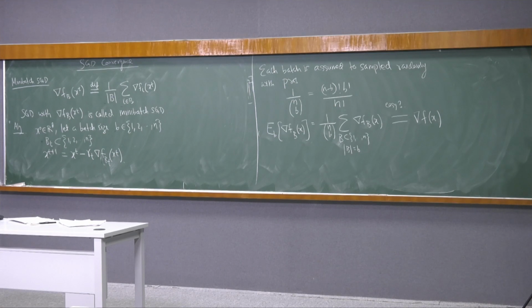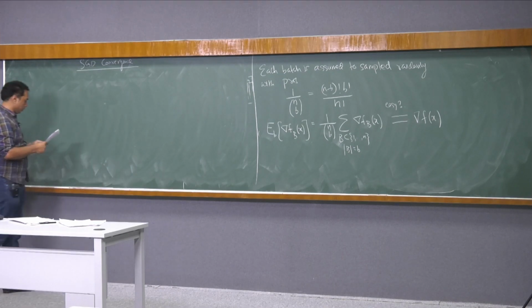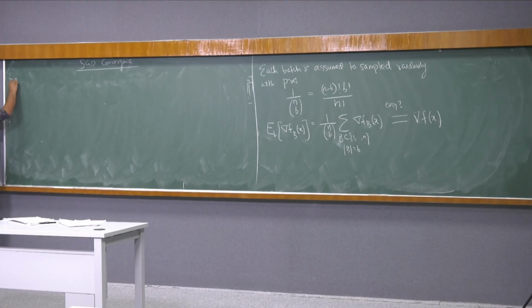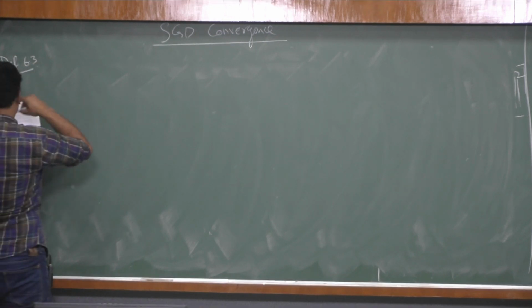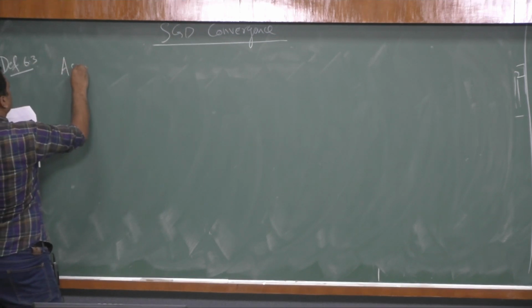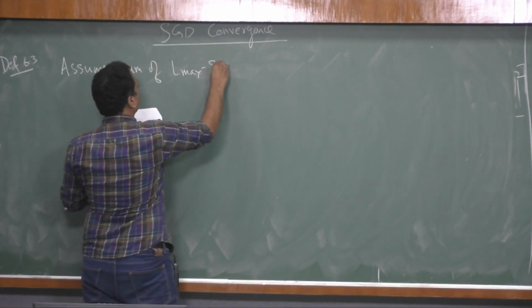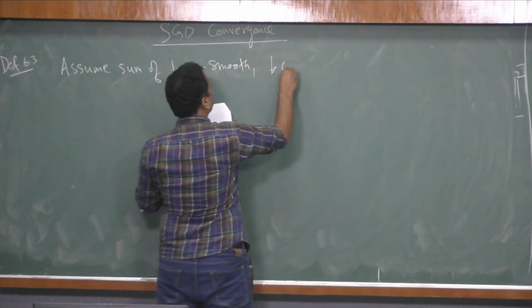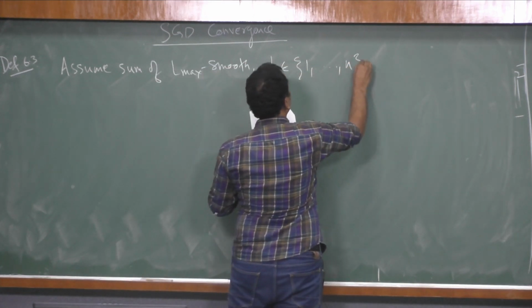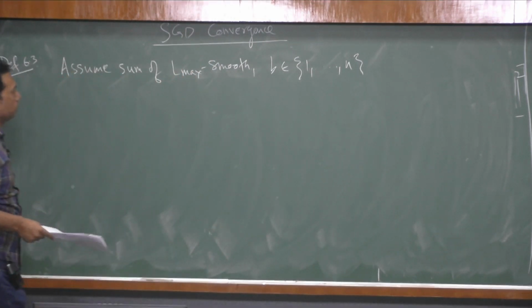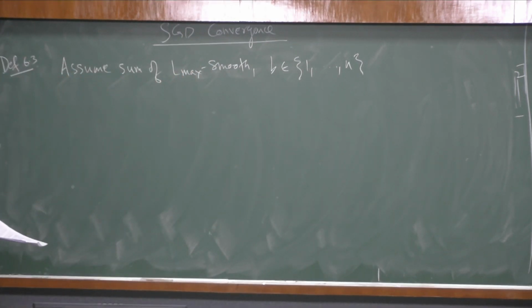And we have similar concepts to those we had for the single sample case. We have the same ideas of mini batch gradient noise. So this is definition 6.3. Assume f is L_max smooth, and B in n. So choose one of the batch sizes. As a special case, you can choose B equal to 1, but then everything will become like what we did before.